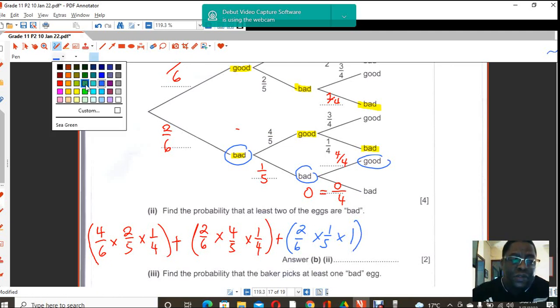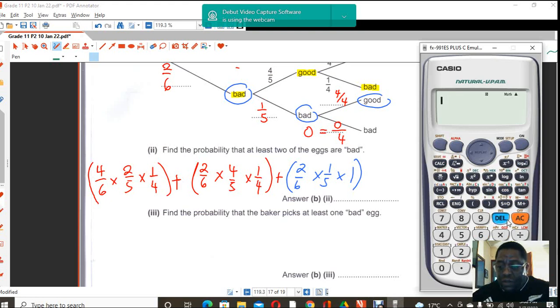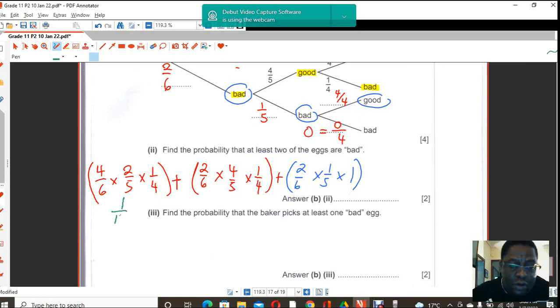So grab your calculator and see what you get. Take these three fractions. We say it's 4 upon 6 times 2 over 5 times 1 over 4. What's that equal to? It's equal to 1 over 15, plus.